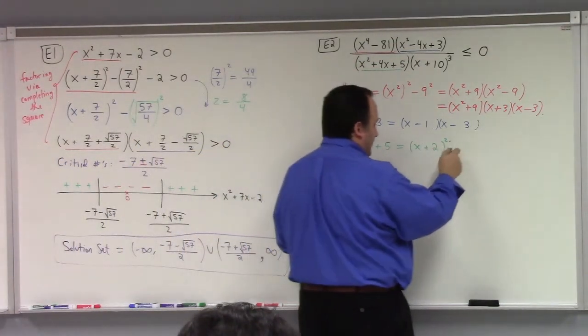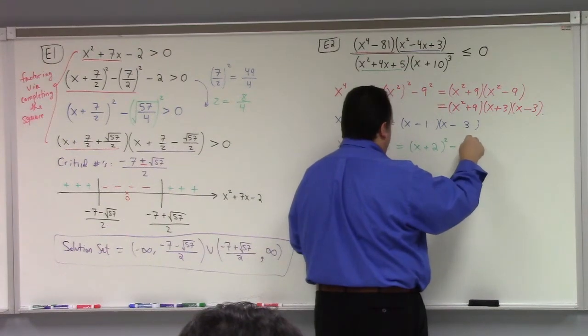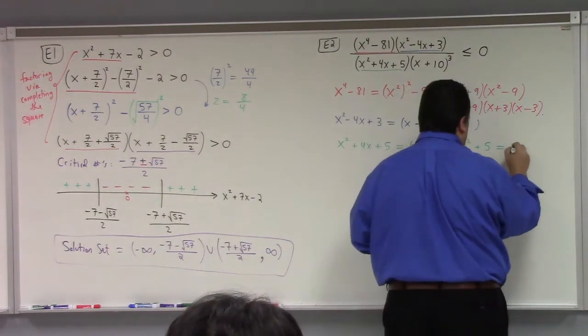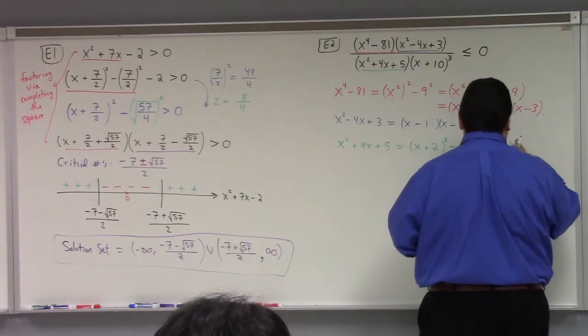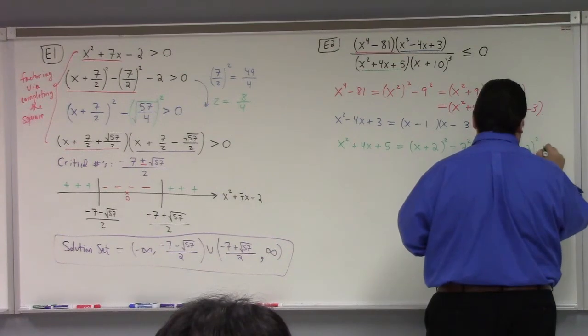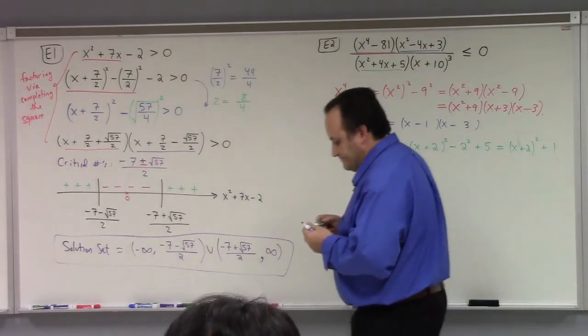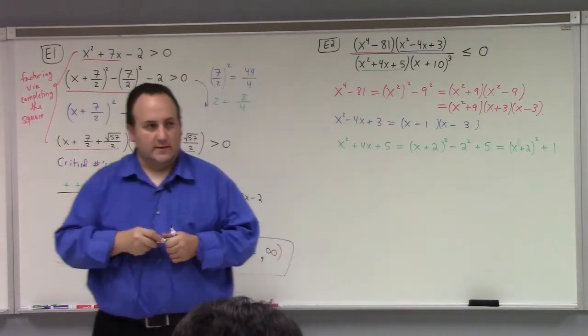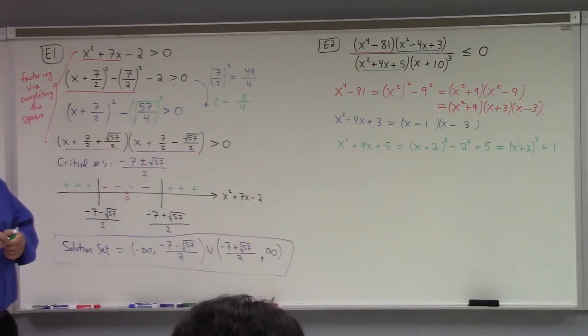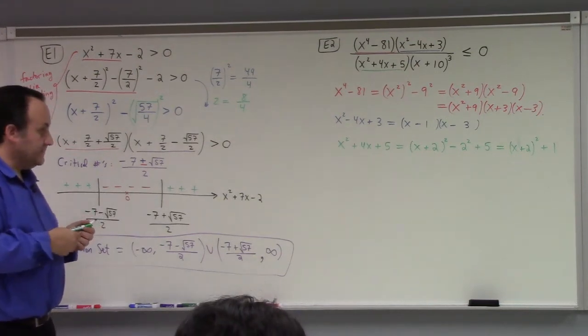So I have to subtract 2 squared. The 5 is still there. And clean this up, what you've got is x plus 2 quantity squared plus 1. Which shows it's prime. If you can write the polynomial as a sum of squares, that means it's a prime polynomial. In this case, prime quadratic, I should say.